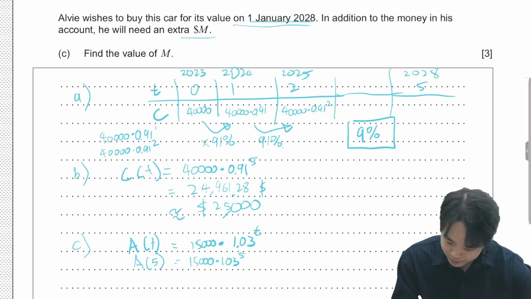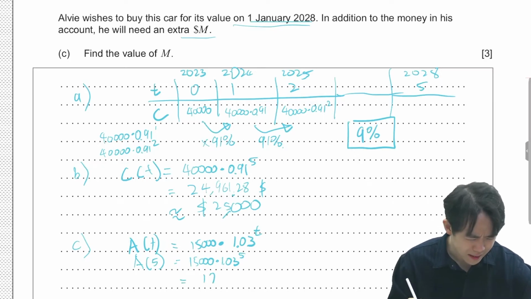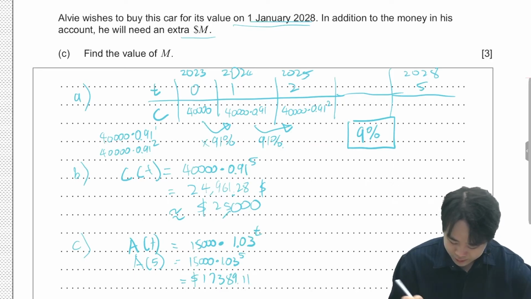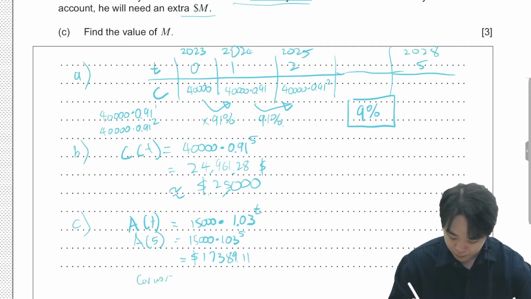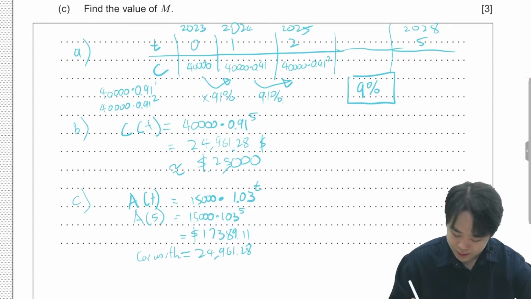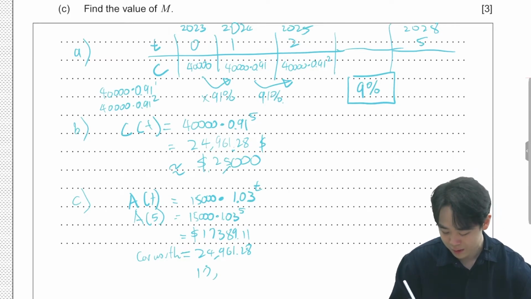So if you do that, that's going to be worth around 17,389.11 US dollars. And we found out earlier that the car will be worth around $24,961.28. So since his money has grown from 15,000 to 17,000, that's impressive, but not enough yet.